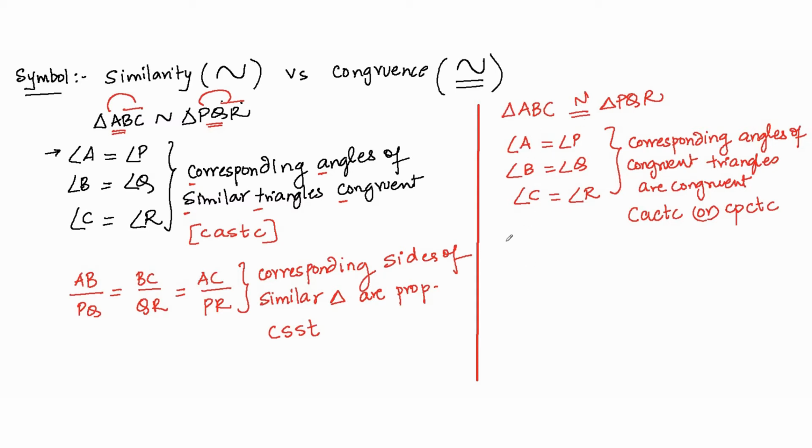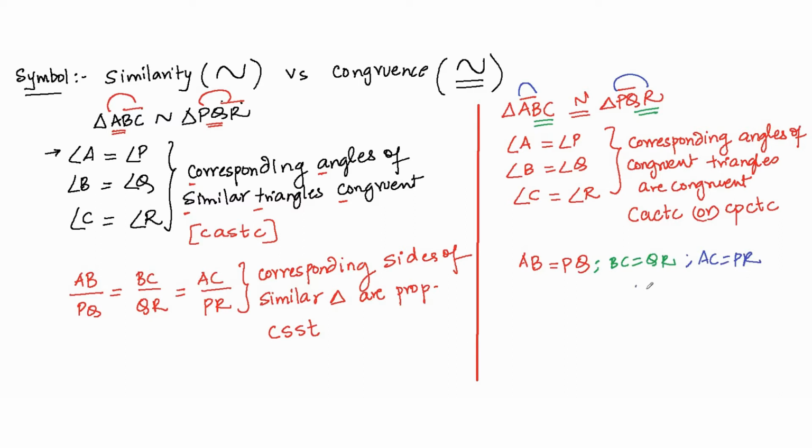And if the triangles were congruent, their corresponding parts would be equal. The corresponding sides would be equal, which would mean AB would be equal to PQ, BC would be equal to QR, and also AC would be equal to PR.